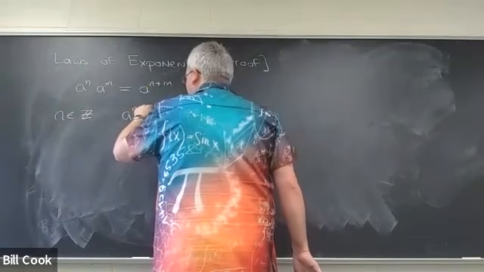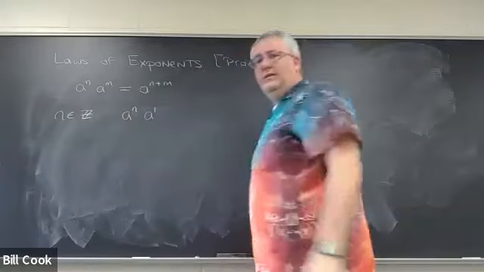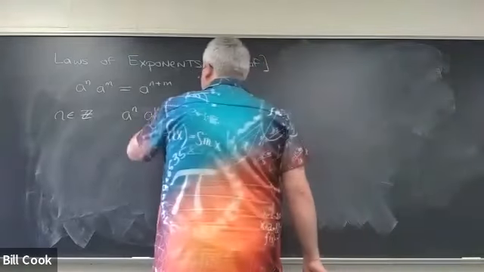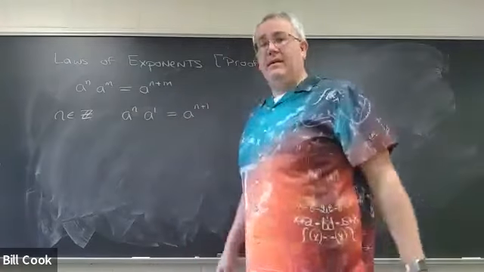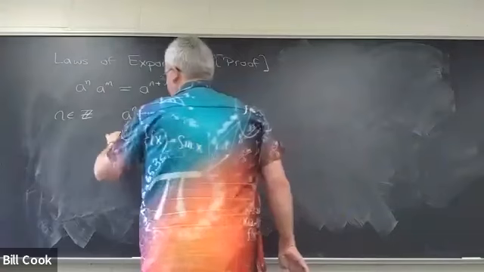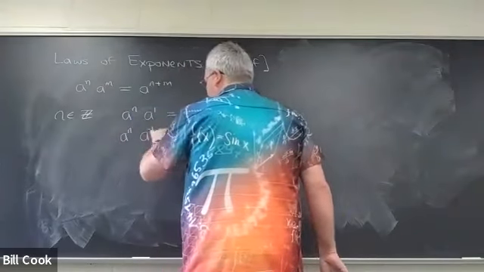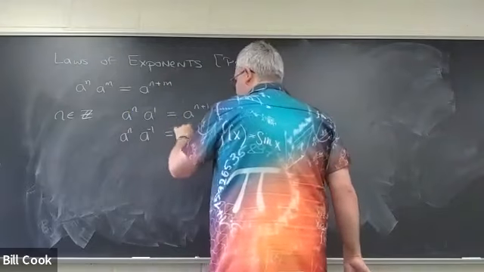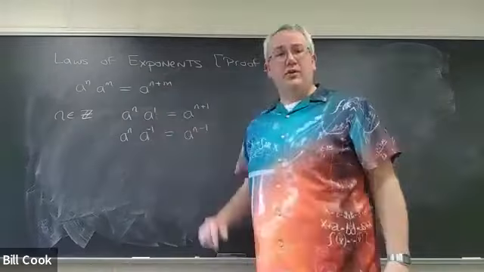I want to multiply this by a to the first, and I want to see that that is indeed a to the n plus 1. And then likewise, I want to show that if I have any integer power and I multiply by a inverse, that this is a to the n minus 1. I need to show these things.